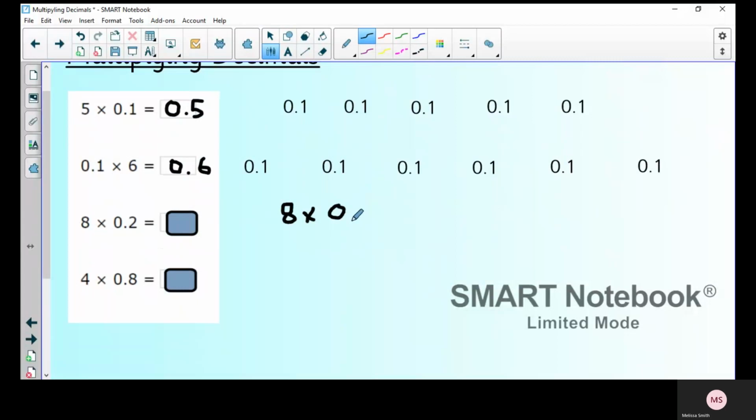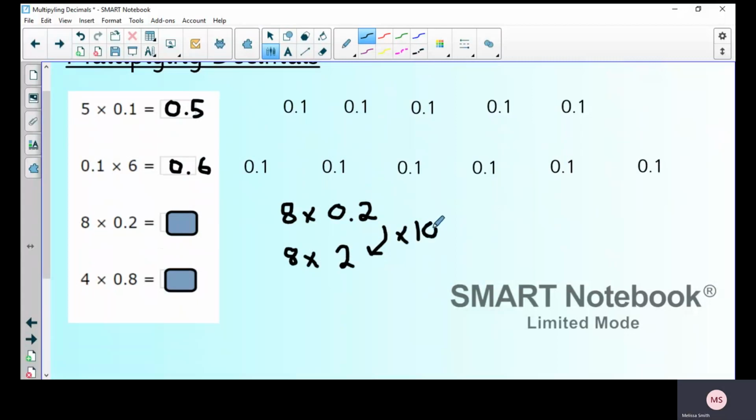Now we did something yesterday when we were dividing decimals by whole numbers. What do we do to that decimal number? We turn it into a whole number. So what would I need to do to turn 0.2 into 2? Well, I times it by 10.